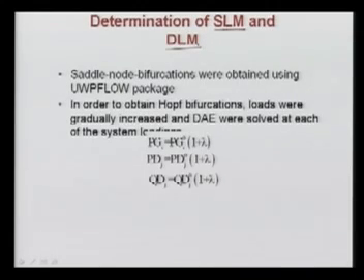To determine this static load margin, as I said, we can use one package, the University of Waterloo power flow. This UWPFLOW, U W for University of Waterloo, P for power and flow, is a package that is free of charge and can be downloaded.